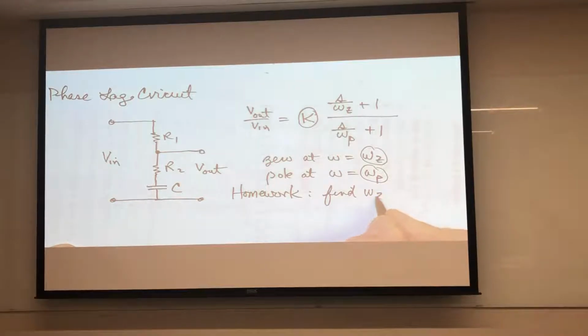Find omega Z and omega P in terms of R1, R2, C.